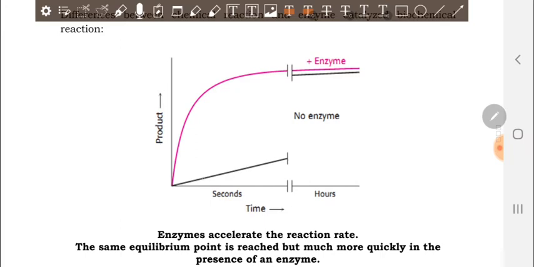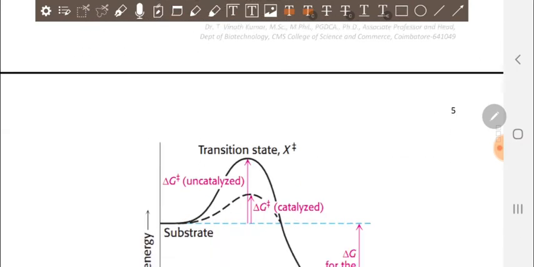Product formation is very slow in chemical catalysis. In the case of enzymatic catalysis, there is a steep increase in product formed, more product within a short span of time. So that is the difference between enzyme and chemical catalysis.